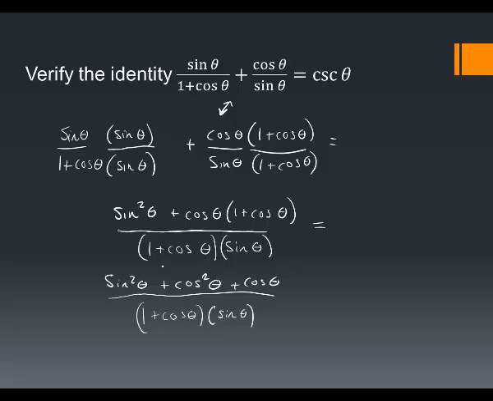Perfect. Alright, so now we go to our Pythagorean identities and we say sine squared theta plus cosine squared theta is 1.